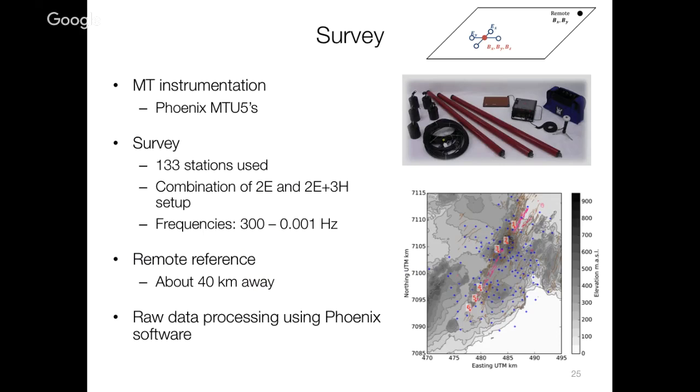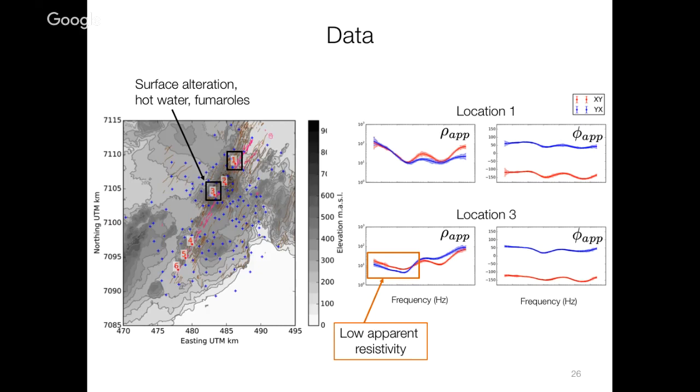Look at that: 300 hertz to 0.001 hertz. So it's almost 5 decades of frequency used here. And then there's a remote station, like 40 kilometers away. So there's a whole bunch of stations. I'm just going to concentrate on a few of them in this small corridor here.